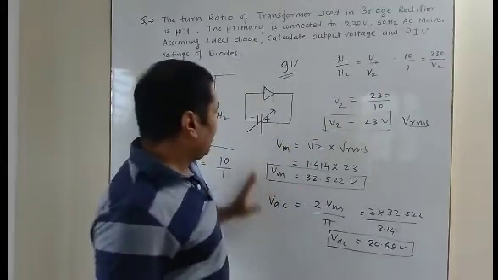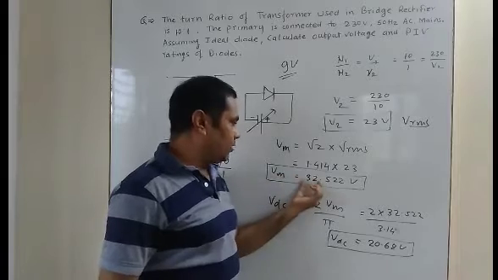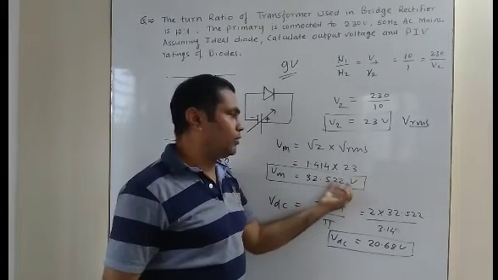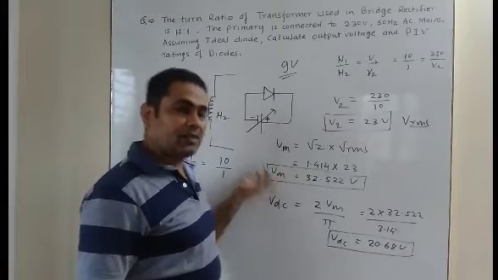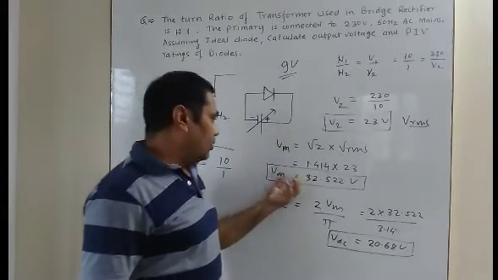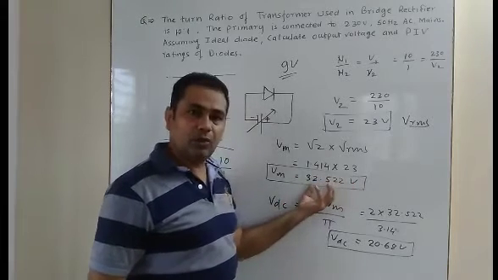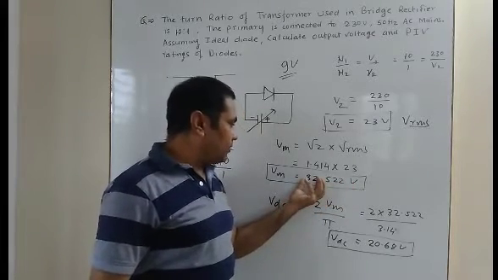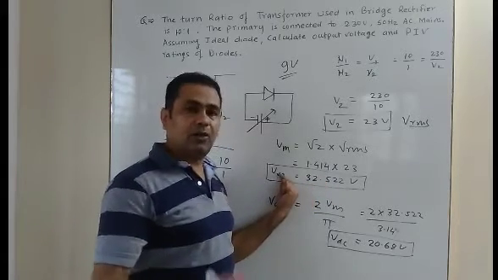So here in this rectifier, the maximum voltage is 32.522 volt. So this much reverse voltage is applied here. So a diode with a breakdown voltage more than this should be used. The peak inverse voltage rating for this diode should be equal to the max value.